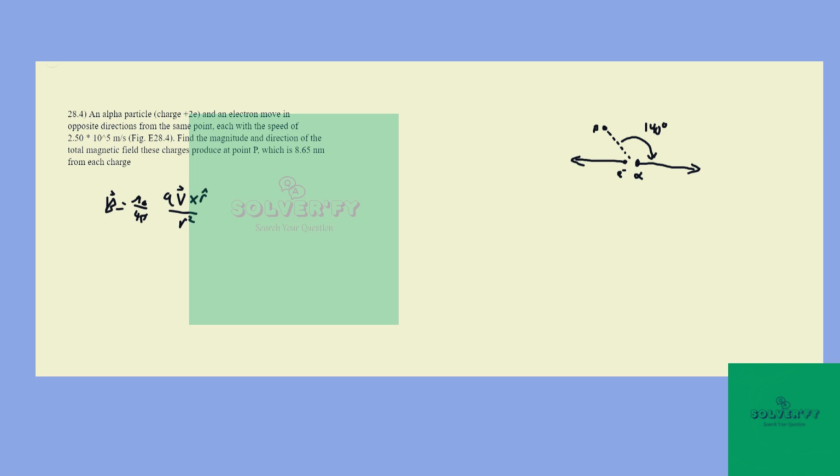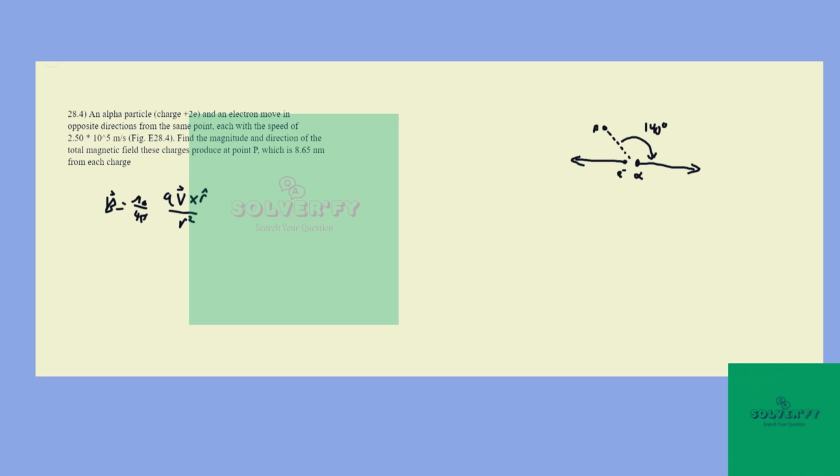Okay, so Q, that's just the charge of each of them. V, that's the vector for each of them in its different directions, and r is just this distance given. r hat is going to be the vector extending from their origin point out to the point P. So we need to write down what this is going to be for each of them.